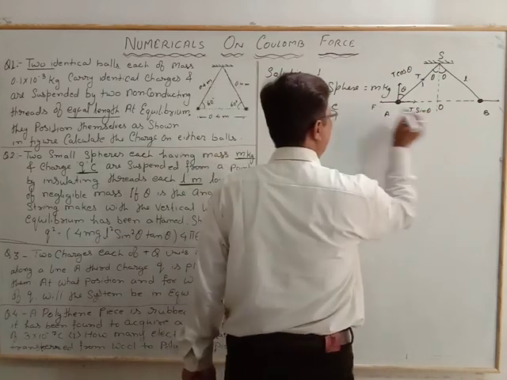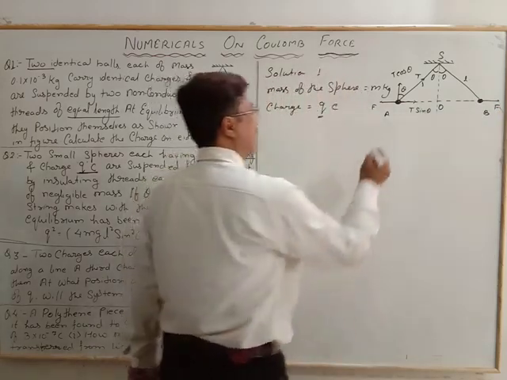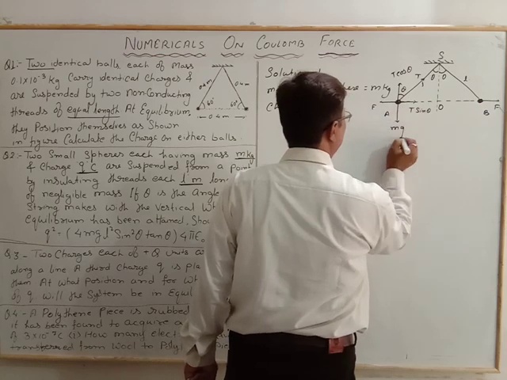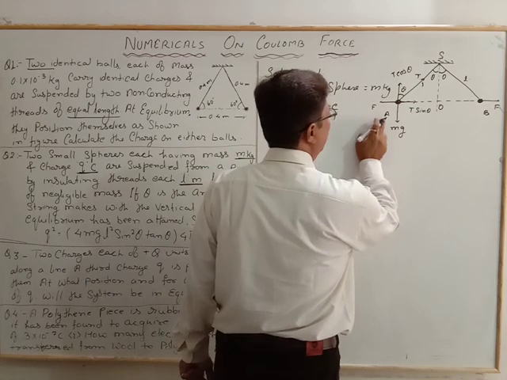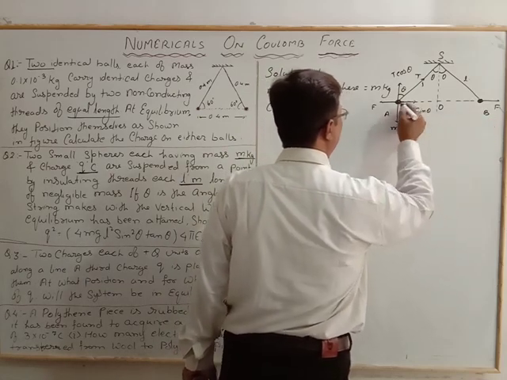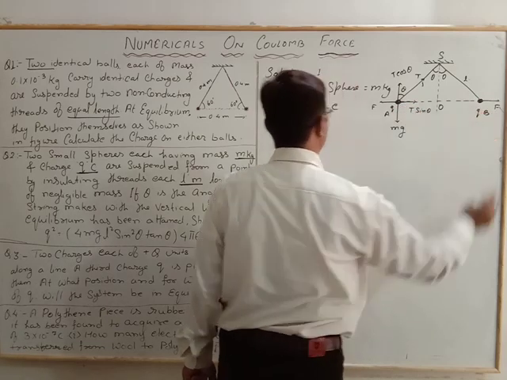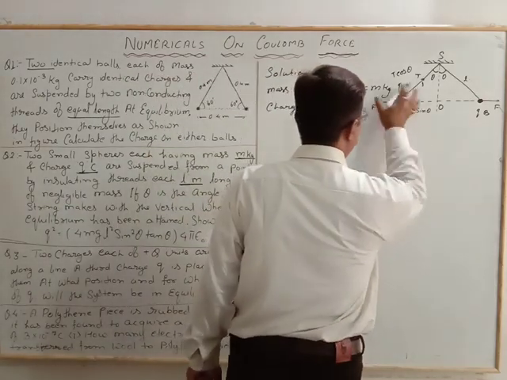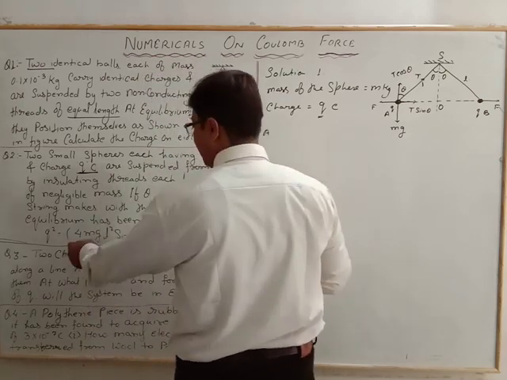Here is the electrostatic force which acts on either of the charges, and the weight, that is mg. Charge at point A is q and point B is also q. So on that case we see this resolved part at equilibrium, and we have to prove.